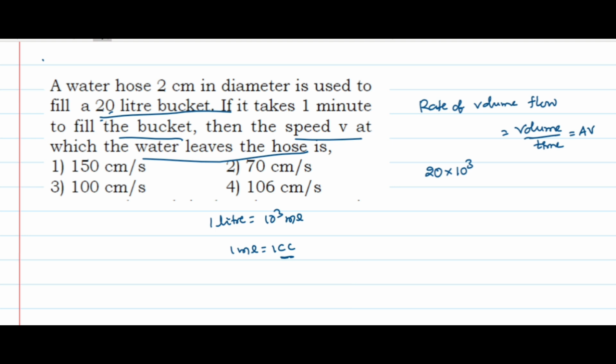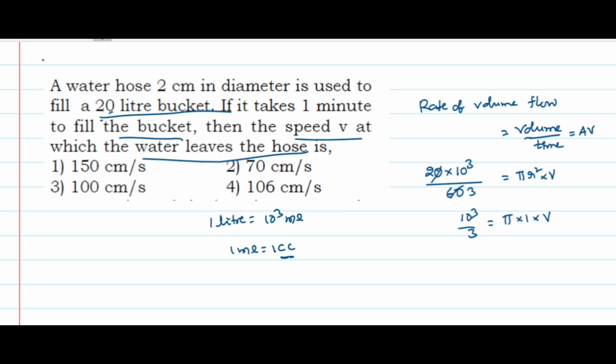Time is given as 1 minute, 60 seconds, which will be equal to area, pi r square, into V. Here you just cancel, 2 by 3, and this is 10 cube by 3, which will be equal to pi into 1 into V.